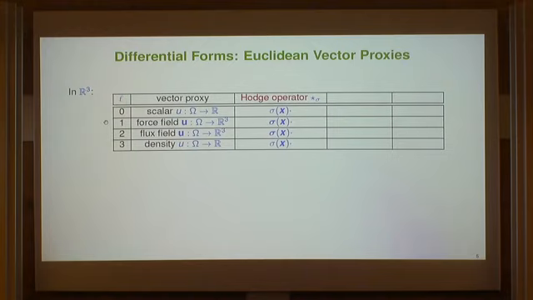So the Hodge operator just becomes multiplication either with a coefficient function or a coefficient tensor. The derivative d becomes one of the classical vector analytic differential operators. And the trace, well, for 0 forms it's the point trace, for 1 forms tangential trace, for 2 forms the normal trace, and 3 forms don't have a meaningful trace. So this is the translation table.